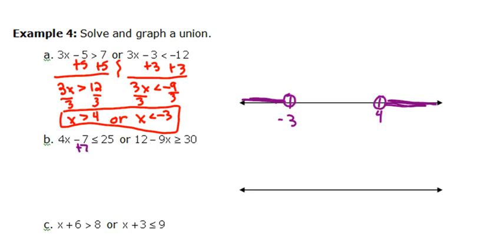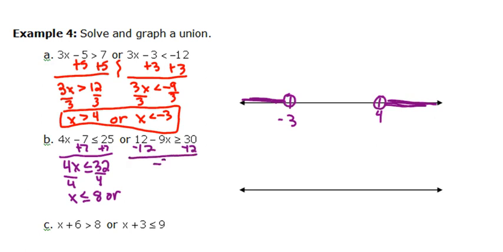Here I'm going to add 7. So I get 4x is less than or equal to 32. I divide by 4, and I get x is less than or equal to 8. Over here I minus 12, so I get negative 9x is greater than or equal to 18.